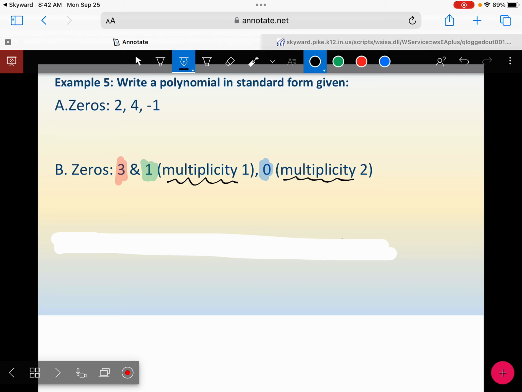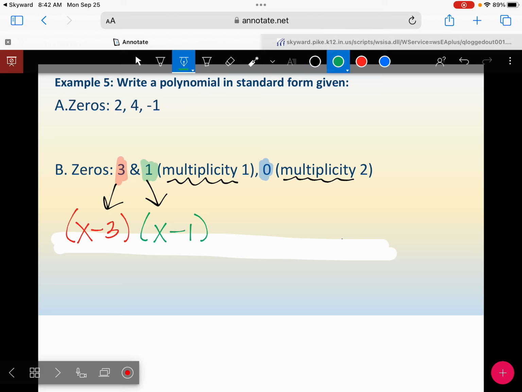The whole parentheses. So when we have x equals 3, this one I would have a factor of x minus 3. And this one, my factor would be x minus 1.